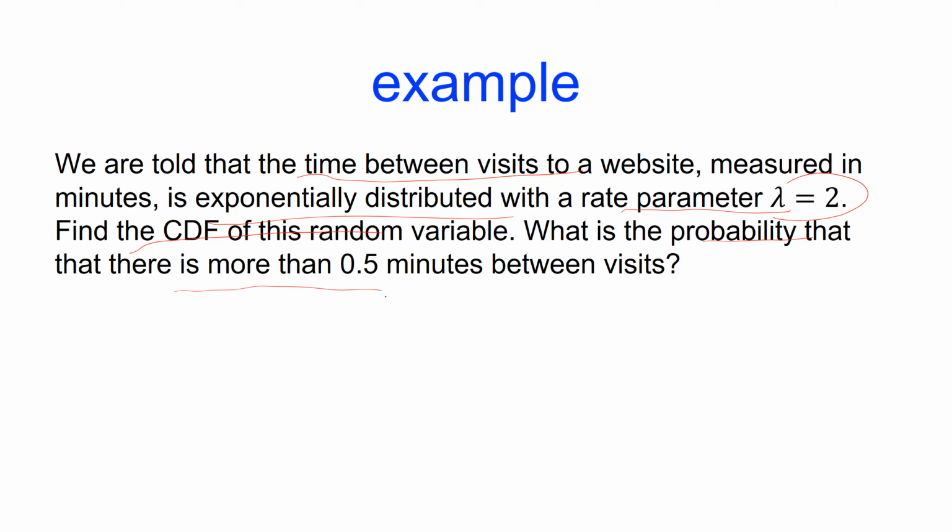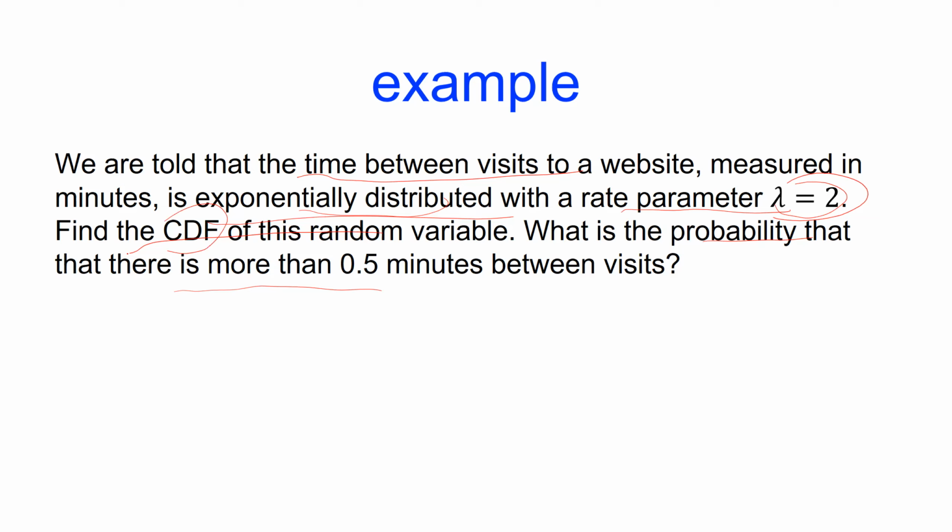First of all, we have an exponential distribution, so we can plug in a rate equal to 2, and we naturally will have a probability density function. Then we need a little bit of calculation, the integral, to calculate the CDF, right?